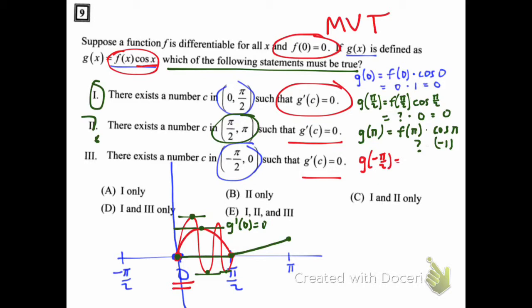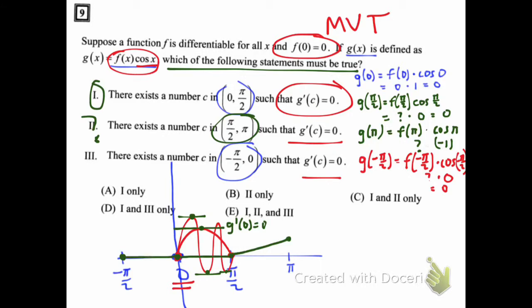You can probably see this unfolding. f at negative pi over 2, which we don't know, multiplied by the cosine of negative pi over 2, which we know is 0. 0 times whatever real number is equal to 0. So again, g of the other endpoint, g of negative pi over 2, is 0.